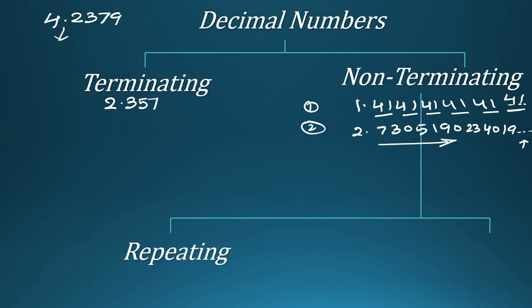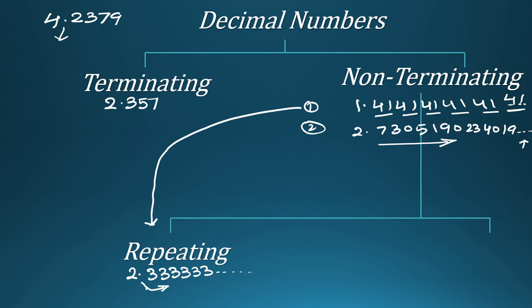First category is repeating decimals. Repeating decimal means, like this example number 1, or for example 2.333. What pattern are you finding here? One digit is repeating itself. After the decimal point it is not terminating, but we have a pattern.